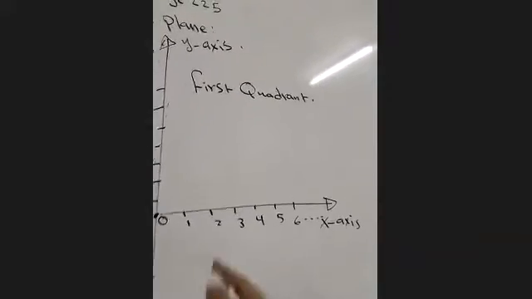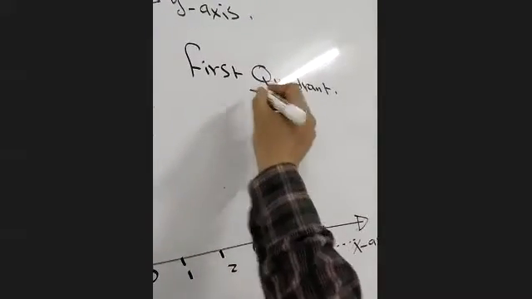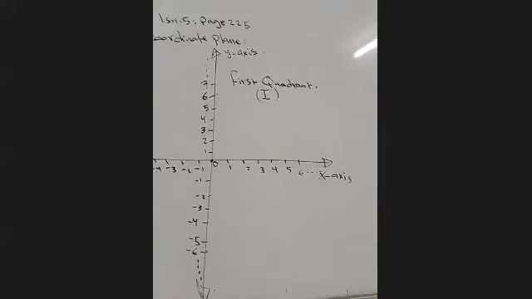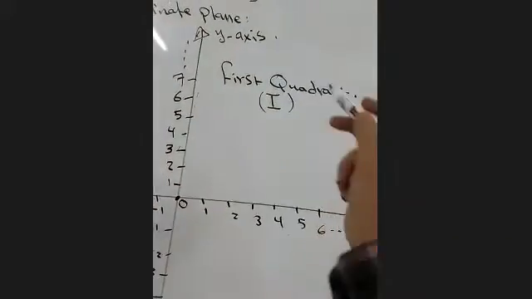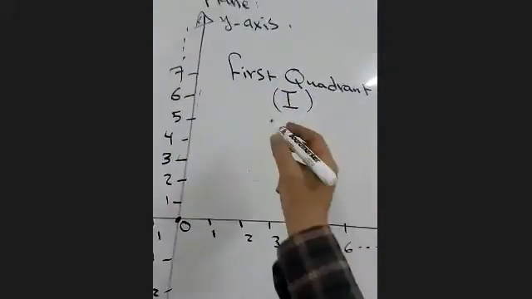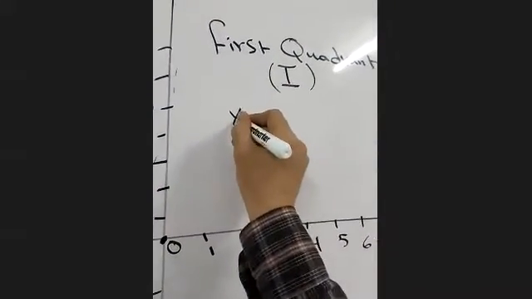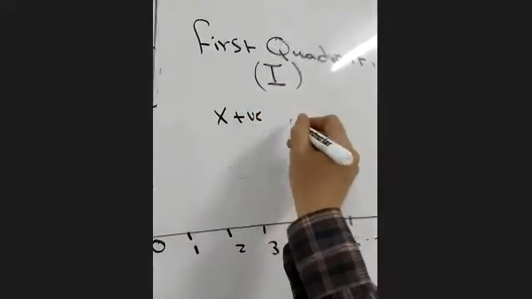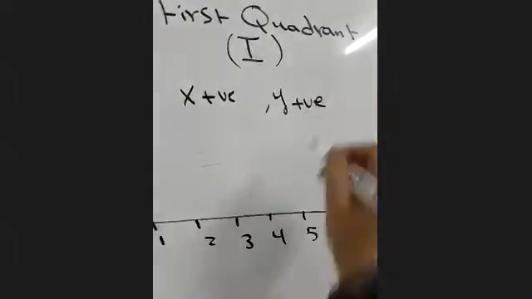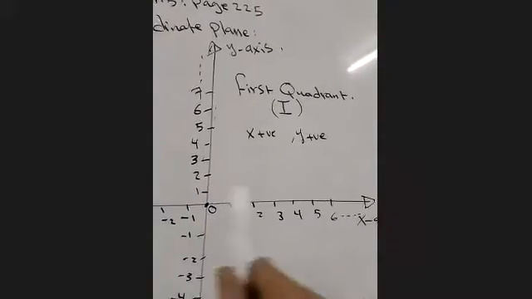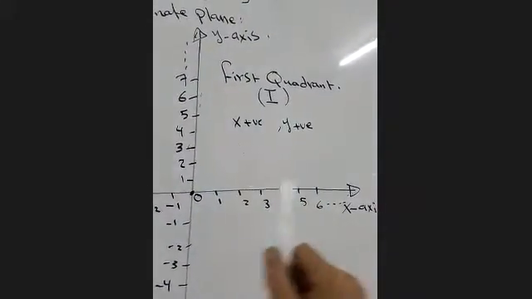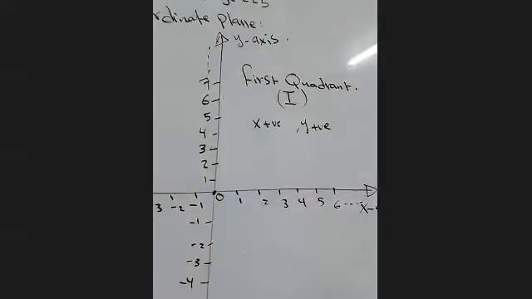Its shortcut is this capital I. Any point in the first quadrant, the x here is positive and the y also positive. The borders of the first quadrant are positive and positive.